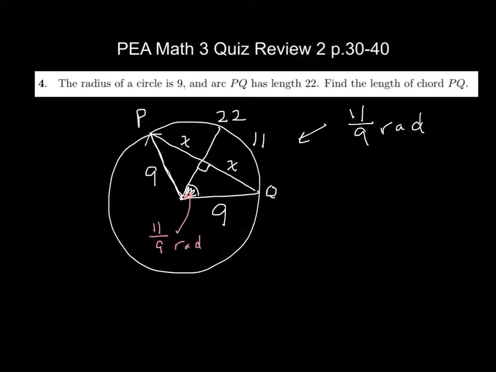Now, you could do a direct transfer from radians into degrees and solve on your calculator, but your calculator will let you do radians. So what I would do is make sure I'm in radian mode.